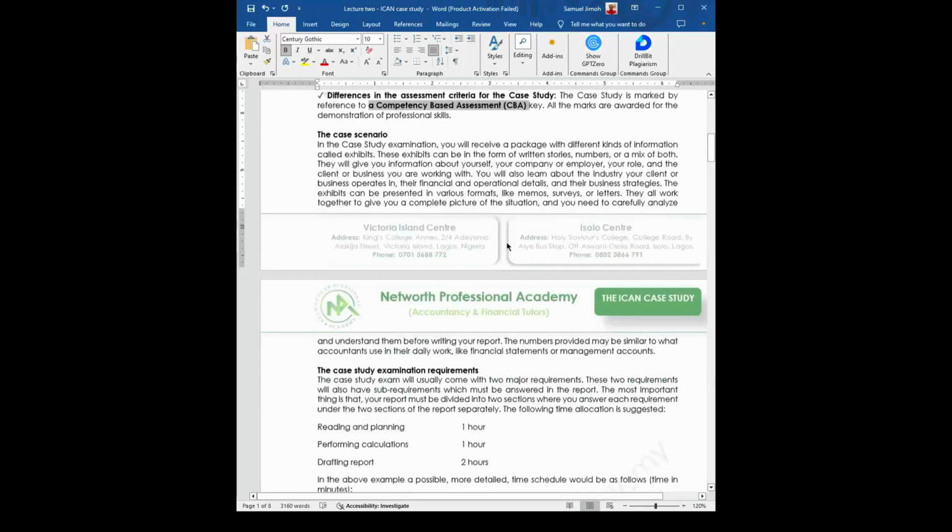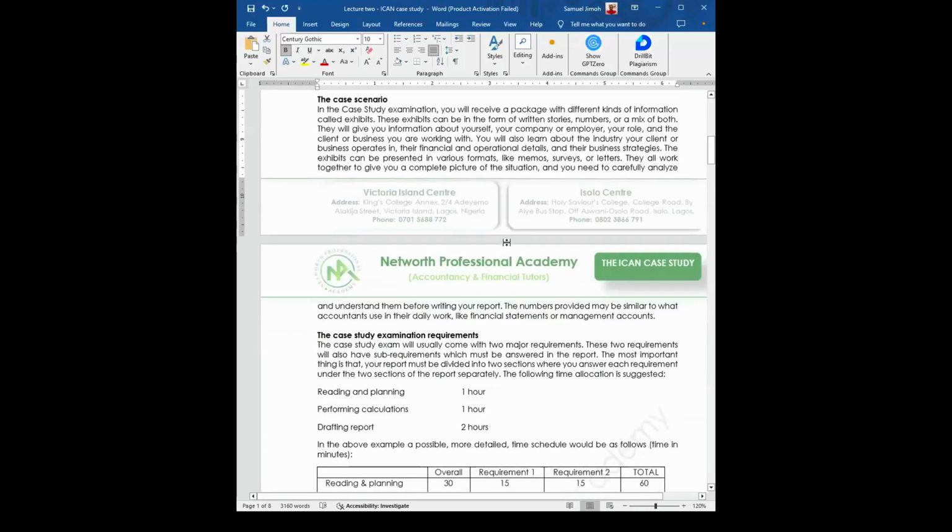So again, another thing you should note is that cases come in a case scenario, and the case scenario will be presented in exhibits. Let me give you an instance. In your office, your boss just calls you and says, "Amaka, please, there's a job I want you to do. A client has just asked us to produce a report on certain issues that the business is going through.